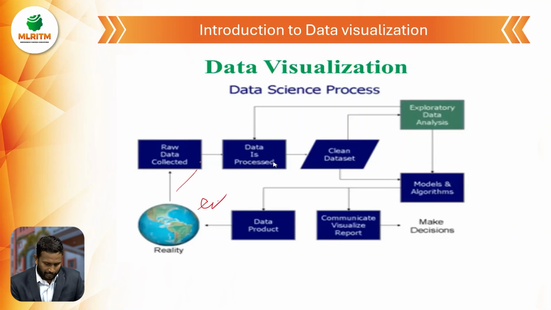The raw data is collected and then processed, which means pre-processing. The data is pre-processed and the data set is cleaned in Power BI. How do we clean the data in Power BI?